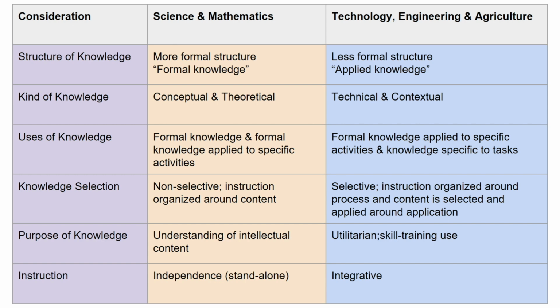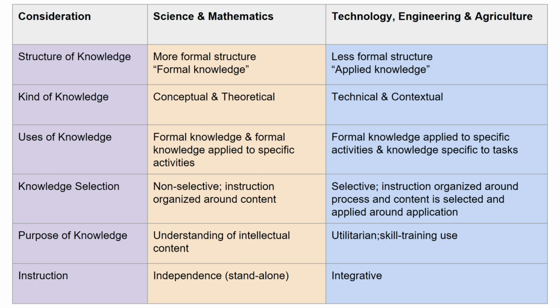As you can see, the structure of the knowledge for science and math is considered more formal knowledge. Technology and agriculture have been considered more applied knowledge. For the kinds of knowledge, science and math are considered conceptual or theoretical knowledge. Technology and agriculture are considered more technical and contextual knowledge.